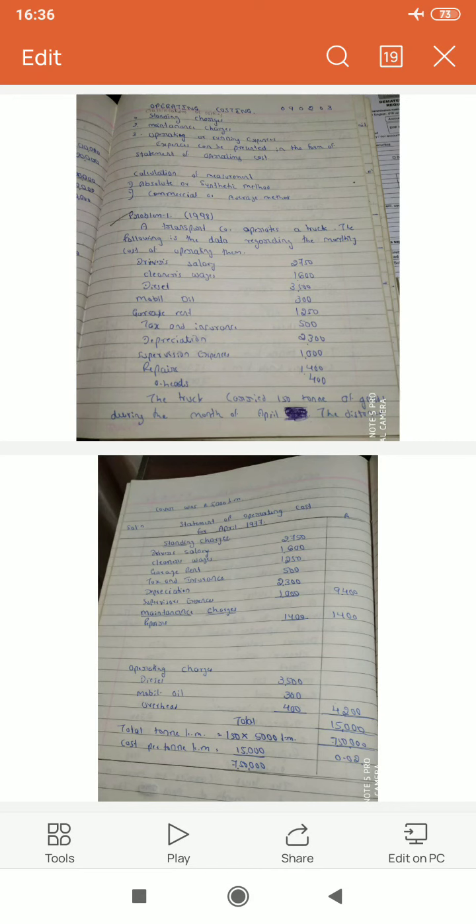So now the total of your standing charge is arrived at rupees 9400. Then the summation of maintenance charge, the only item being repairs, is 1400. Then the summation of your running or operating charge stood at rupees 4200.